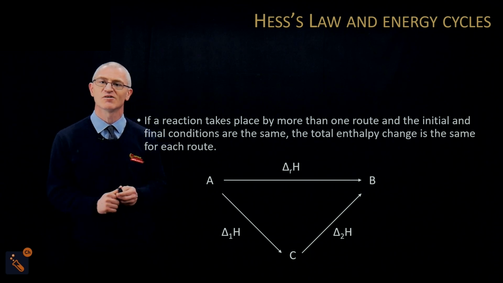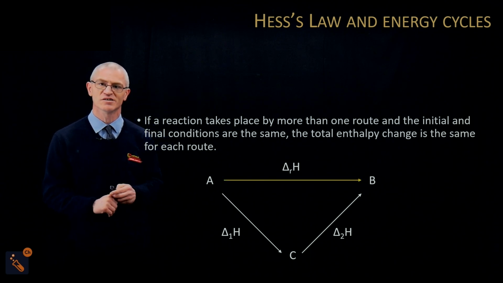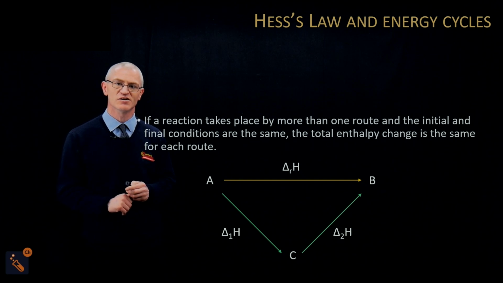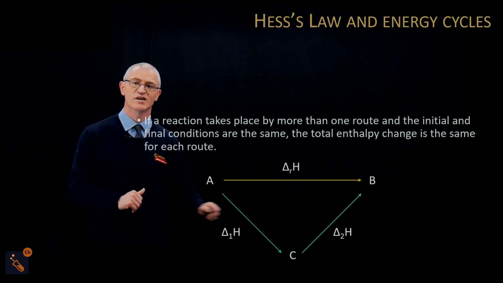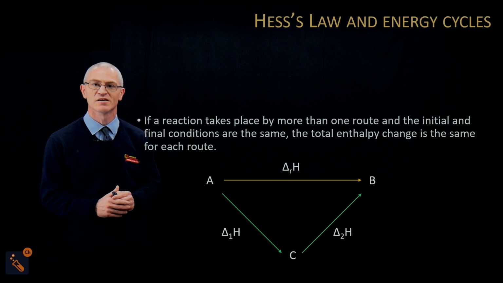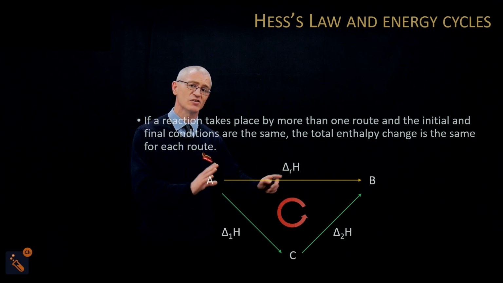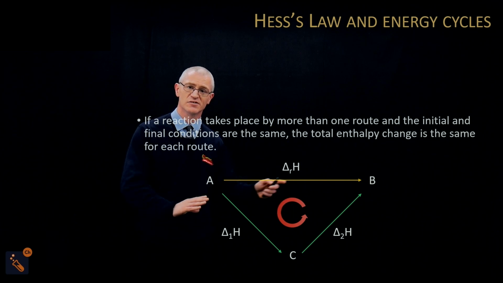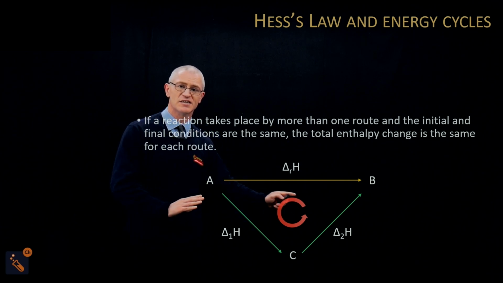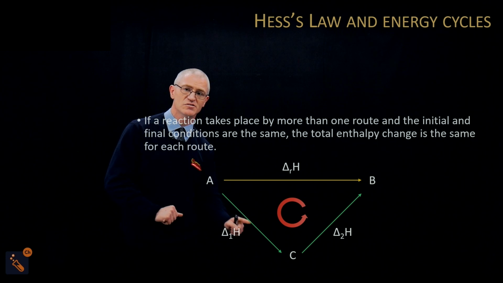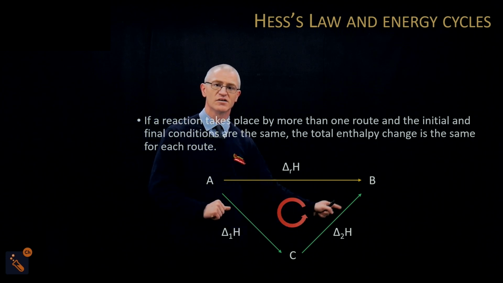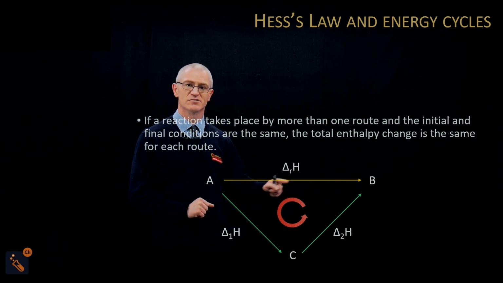But let's look at how we can see that working pictorially again. So we've got delta RH there, and we've got the two reactions, 1 and 2, down there. Now if you think of it like a circle, I know it's a triangle, but we can have loads of different shapes of these things. So if you go like this, you can see that's going anti-clockwise. So that means those two arrows are going anti-clockwise.